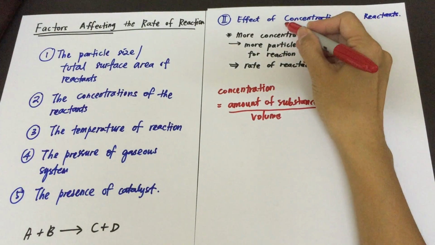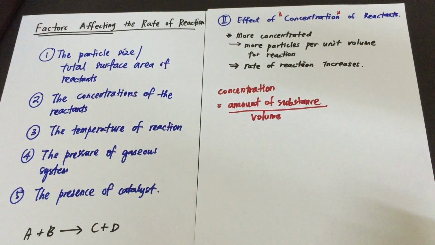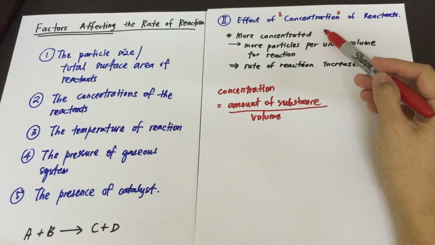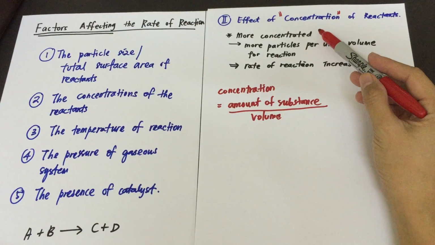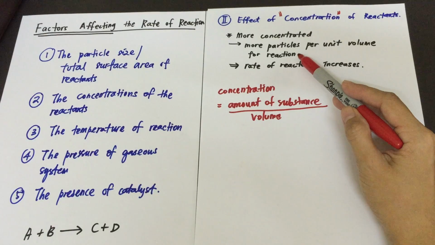For this effect of concentration of reactants, we only apply this factor to reactants which must be in solution form. It cannot be solid and it cannot be gaseous. When we say effect of concentration of reactants, a more concentrated reactant solution means more particles per unit volume for reaction.